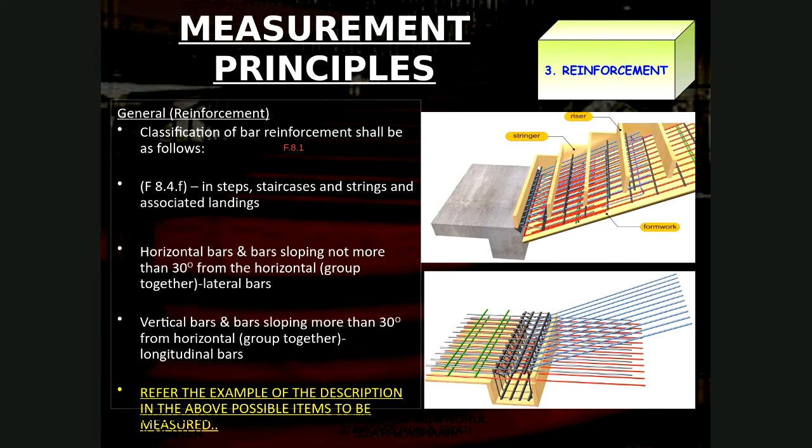Kind and quality of the steel is normally referring to what? Either mild steel or either high tensile. Okay, for clause F.8.B, C, and D, sometimes you have to write down, sometimes you don't have. Okay, look at F.8.1, kind and quality. Please take note, this is considered as basic knowledge that you have to know.